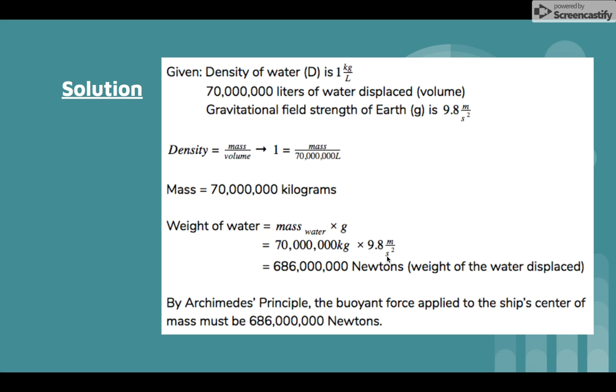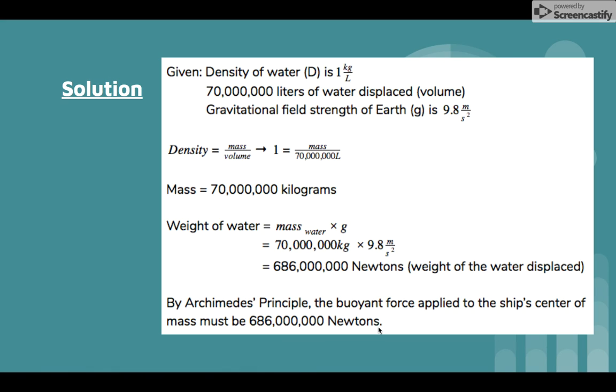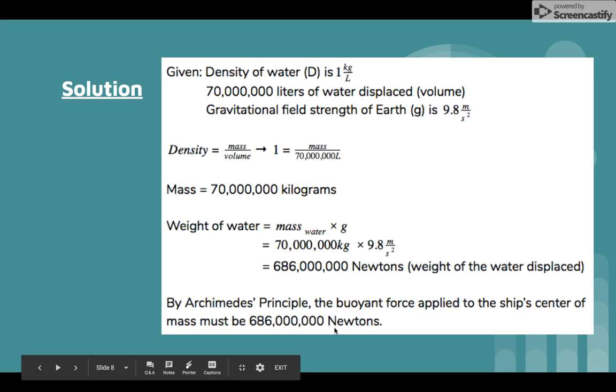The weight of water is found to be 686 million newtons. Thus, due to Archimedes' principle, the weight of the water displaced is equal to the buoyant force. Thus, the buoyant force on the hull of the ship is 686 million newtons.